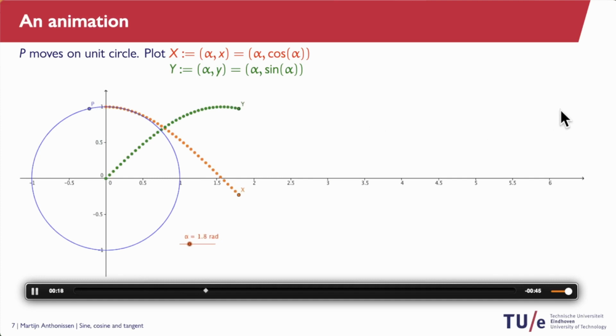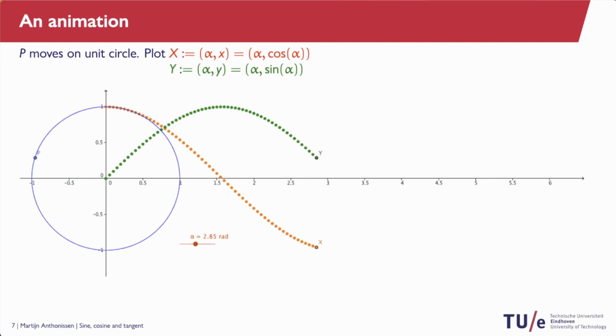And what you see is that if P is moving along this circle, we get the familiar graphs of the sine and the cosine function. So in red we get the cosine function, in green we get the sine function, and it's just the x and y coordinates as functions of alpha.